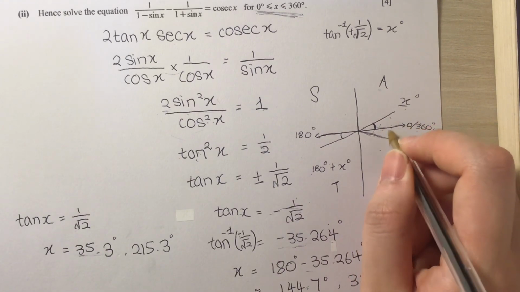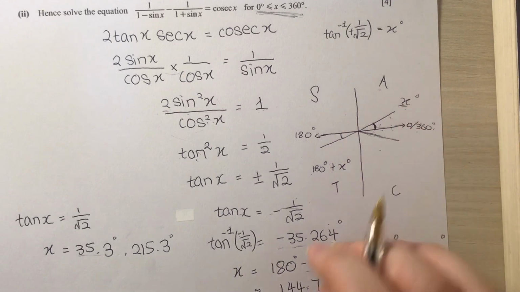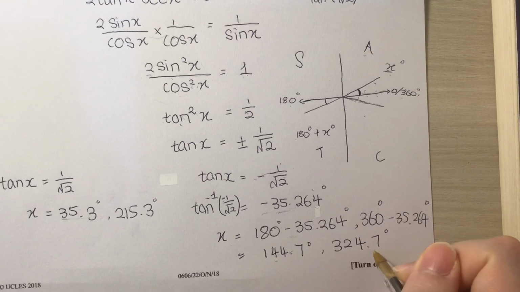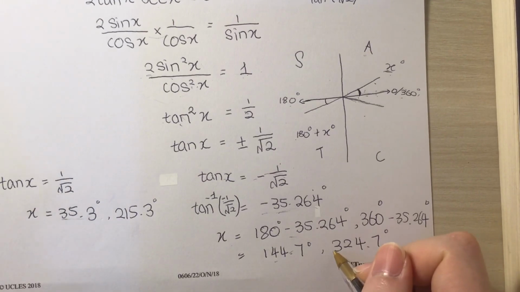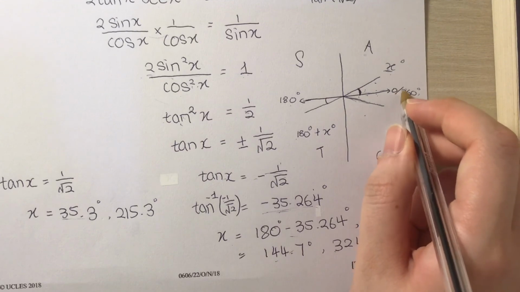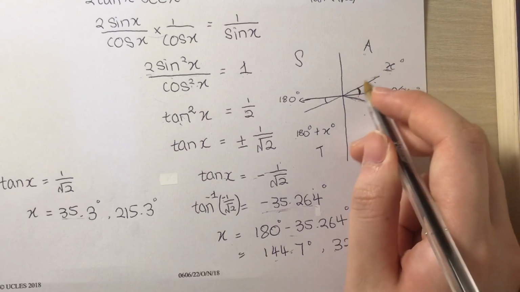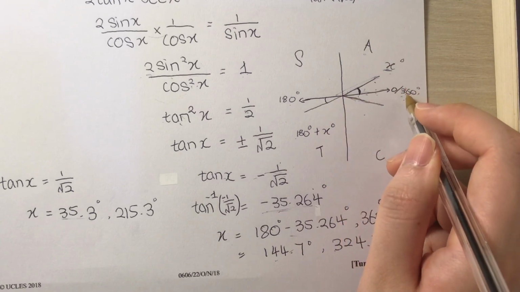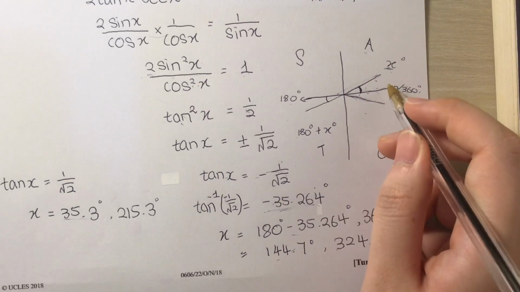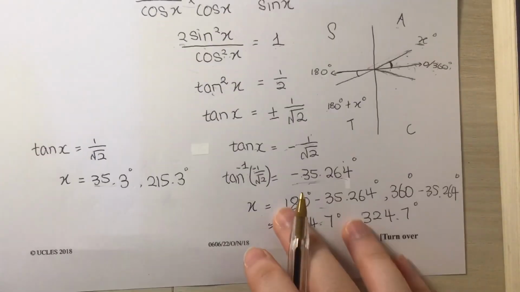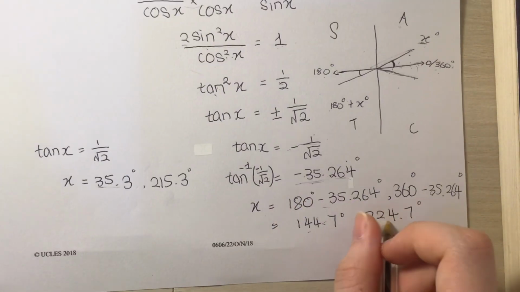This angle that we found should be in the second period, but because this is a negative value, instead of 360 plus x to find the angle in the second period, it is a minus over here. Hence, it's still less than 360 degrees, so we still need to write down our answers for this case.